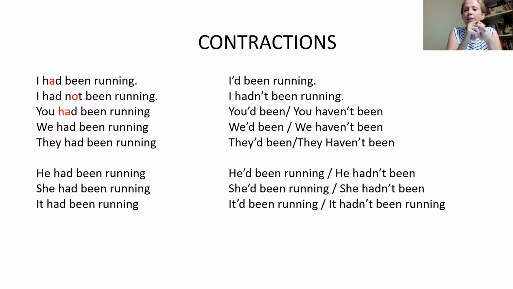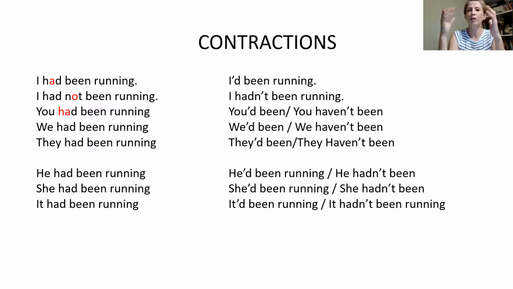So now let's talk about contractions, which are very important for this tense. It's totally okay to say I had been running, but most of the time, between friends when we're talking in a very informal situation, we don't usually say I had been running.